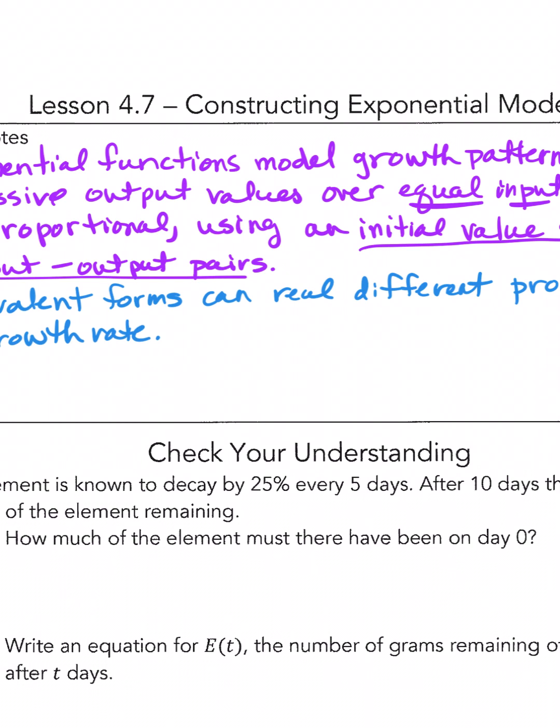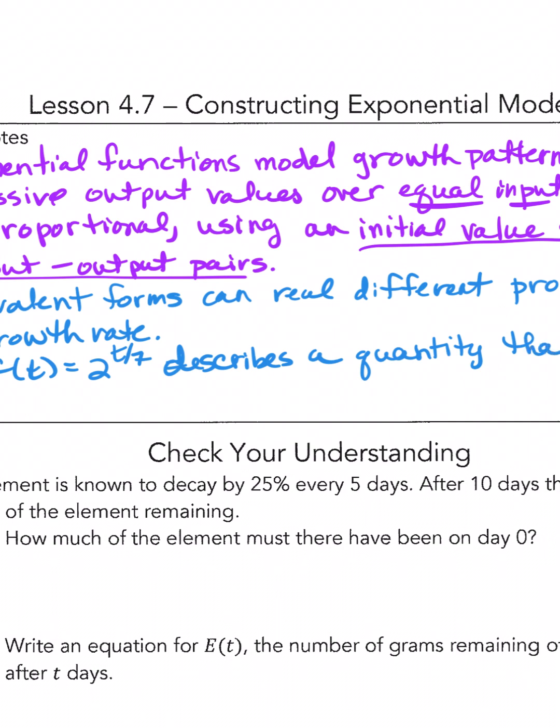Okay, for example, if you have f of t is 2 to the t over 7, well, this tells me what? A quantity that doubles. How often? Well, let's think about it. How often would be this, wouldn't it?